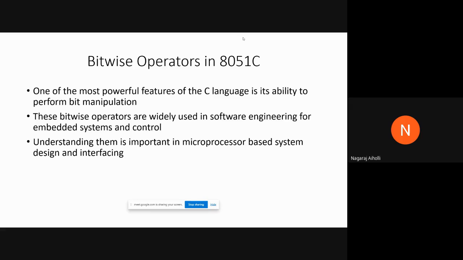Wherever programming is done, writing the program for the microprocessor, microcontroller or embedded system, we make use of the bitwise operator feature of the 8051 C language. They are all part and parcel of microprocessor based systems. Clear here?